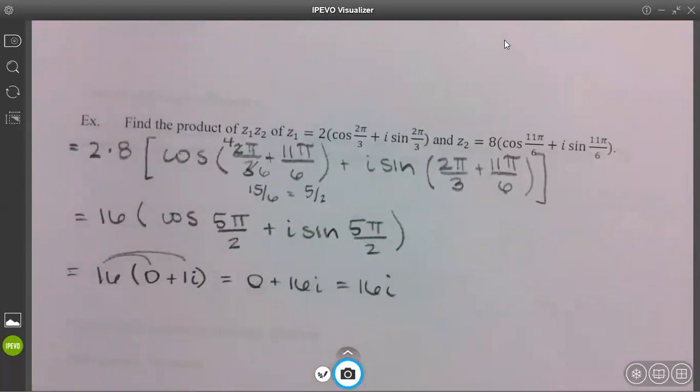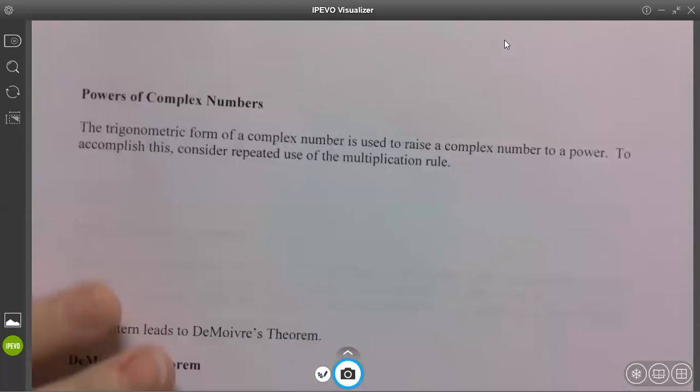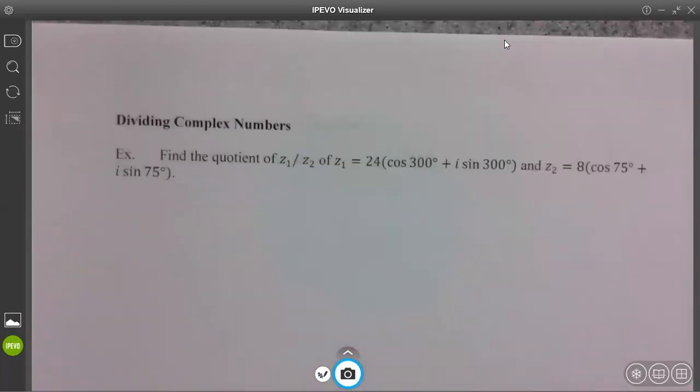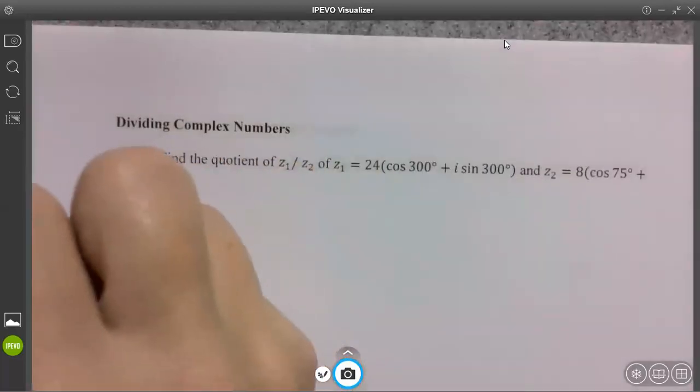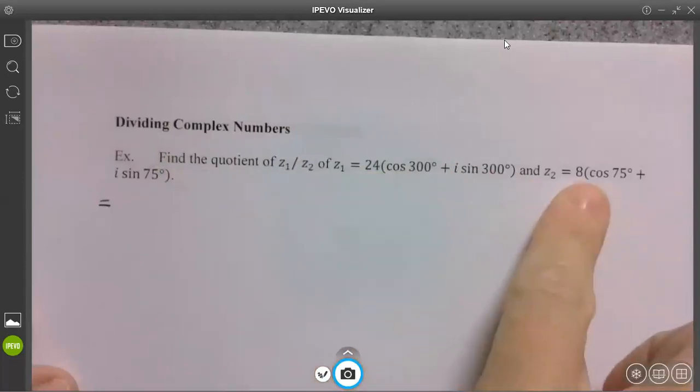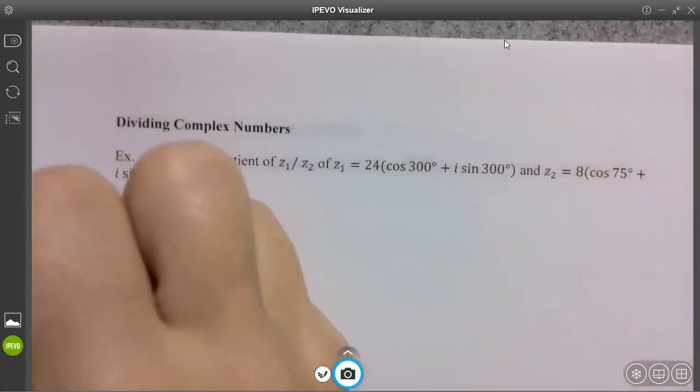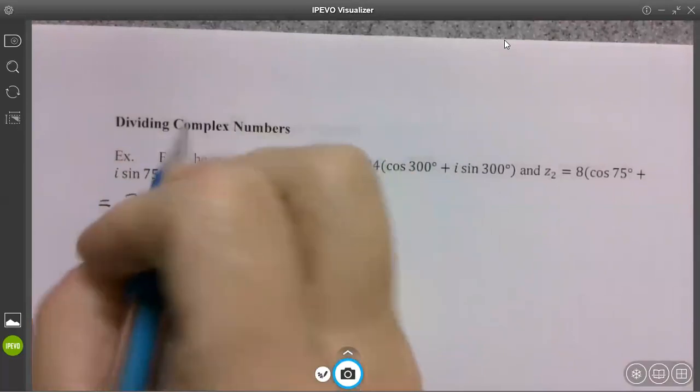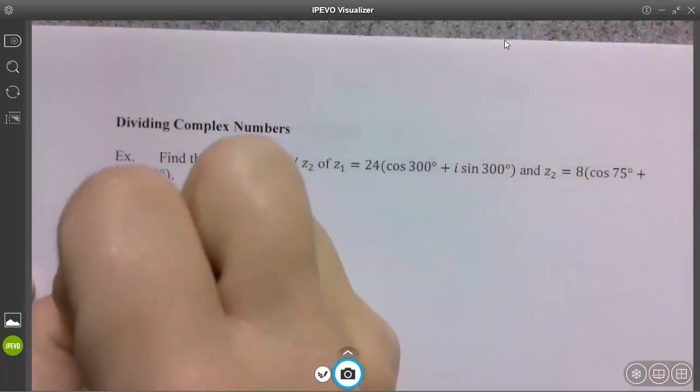So that was multiplying. The next thing we're going to do is dividing. So we're going to use that quotient rule that we've already learned. Remember, it's the same thing, except you're going to divide your two numbers. So we have 24 and 8 that we're going to divide. And remember, instead of addition, it's subtraction now.